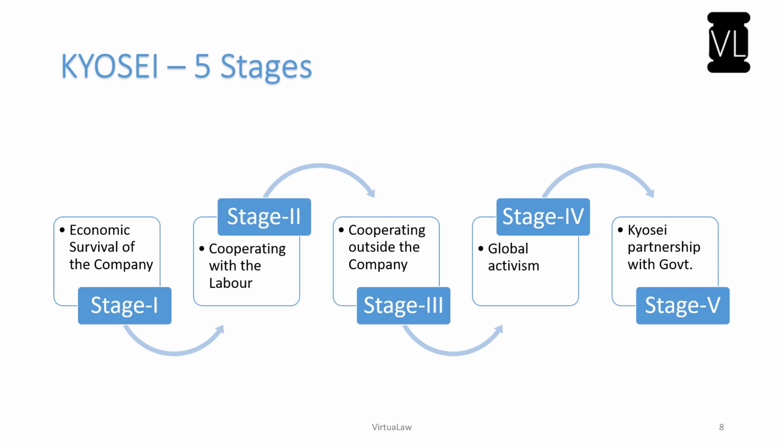Once the government becomes a partner, any problem which the industry faces, you can easily communicate it with the government, and the government also gets to know, because it is a KOC partner, it wants the common good of all the people who are partners, so it will come up immediately to address such a particular issue. So that is what is stage 5.